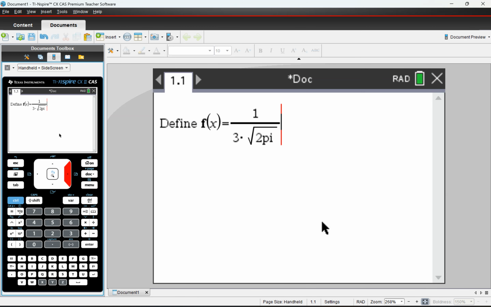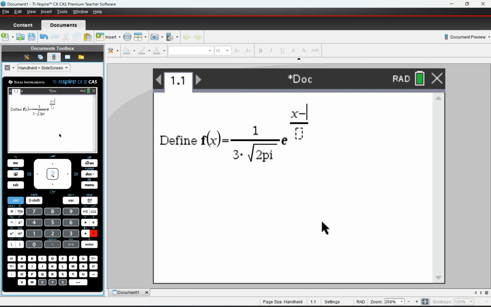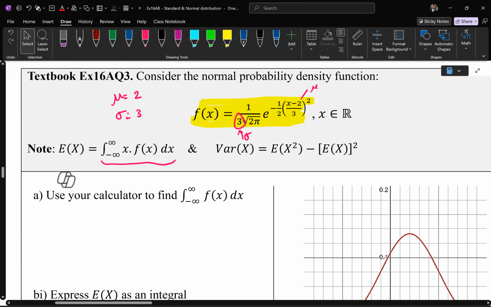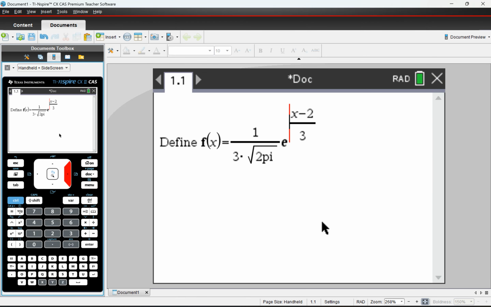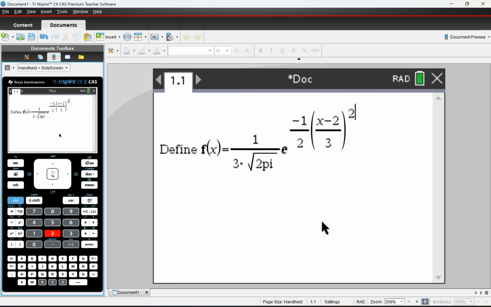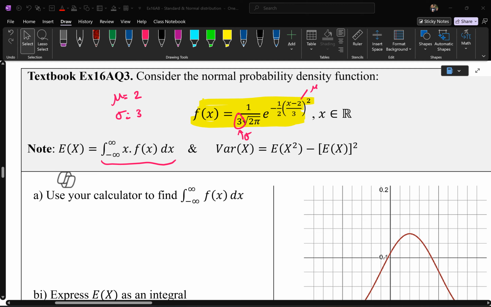Yep, 2 pi. e to the power of negative half of x minus 2 over 3, I think it was, squared. Oh, yeah, that's right. dx, is that right? Yes, that's good.